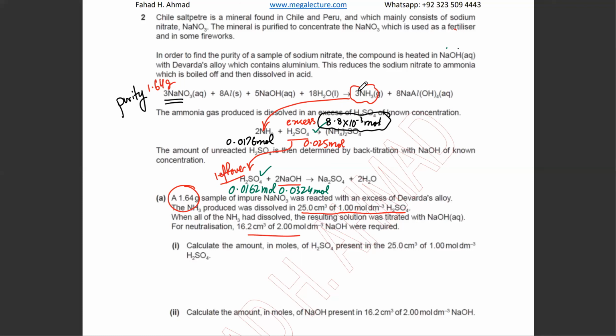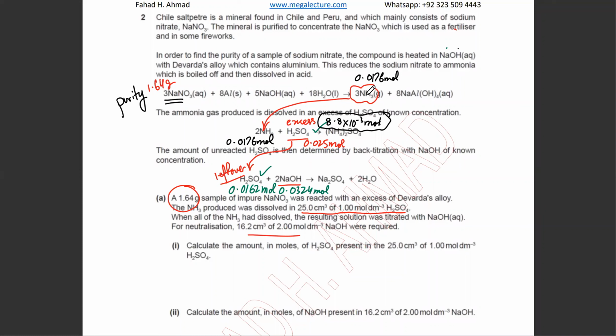And I told you, if you find the moles of ammonia, you'll find the moles of sodium nitrate. Now remember one thing, the ammonia that is produced over here, all of it came from the first reaction. So how many moles were taking part in this reaction? 0.0176. So all those moles came from the first reaction. Don't get confused that this is 3 and this is 2.